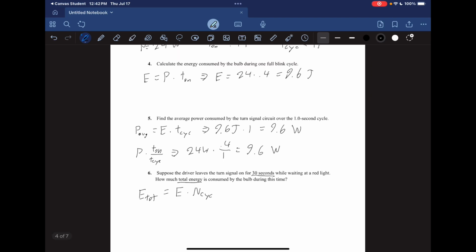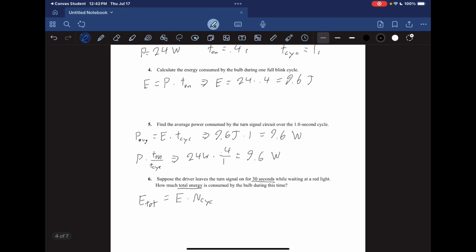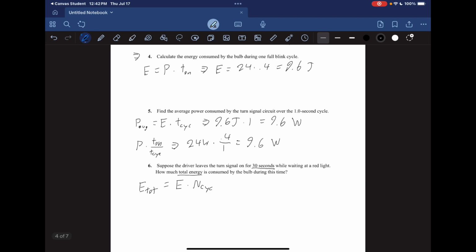So we already found the energy during one full blink cycle up here in question 4. And we know that one full blink cycle is 1 second. So in 30 seconds, we have 30 cycles.